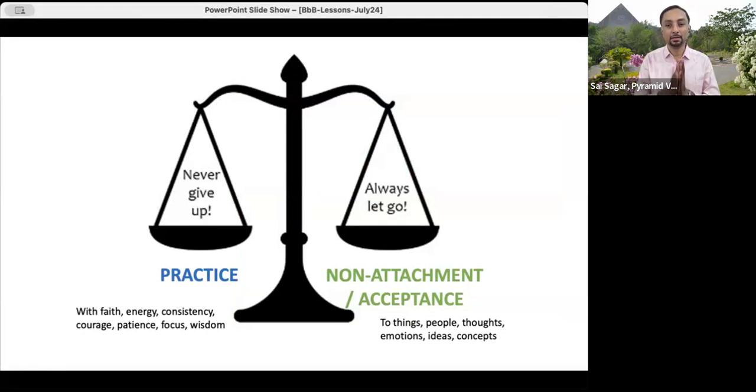Regular, consistent practice of whatever discipline you are doing, not letting go of it, and then letting go of worry, letting go of desires, letting go of attachments. Non-attachment and acceptance of things, people, thoughts, emotions, ideas, and concepts. Letting go of whatever is harming you.